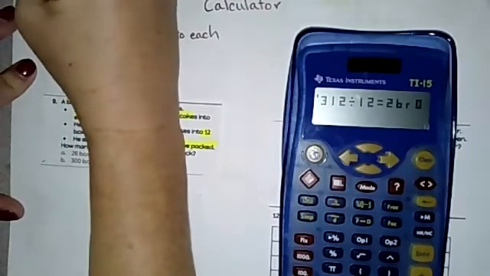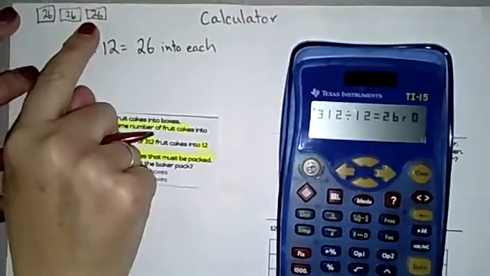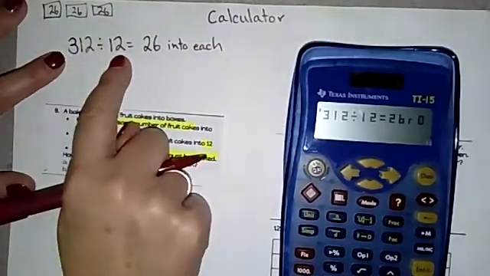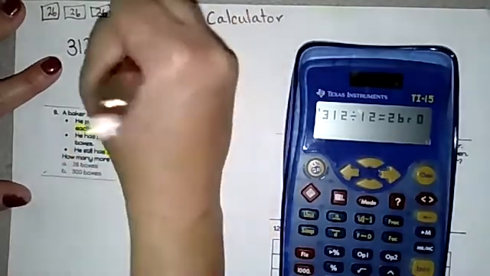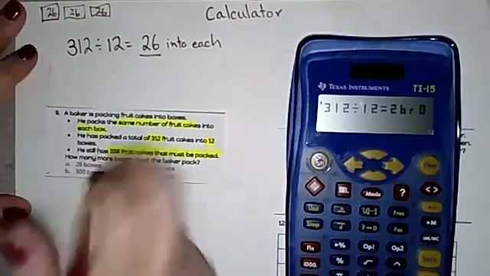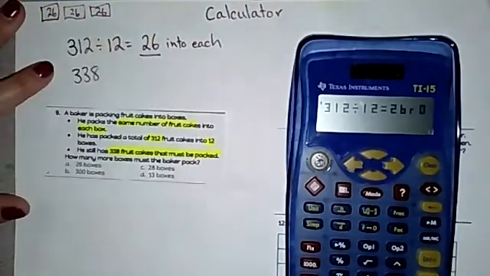In this box, he's putting 26, and this one, and this one. Every single box he's putting 26 into. Because he's already packed 312. He packed them into 12 boxes, so that means he put 26 into each. He's still got some left. So he's got 338 he still needs to pack.